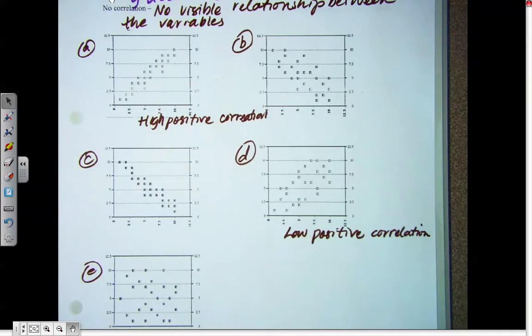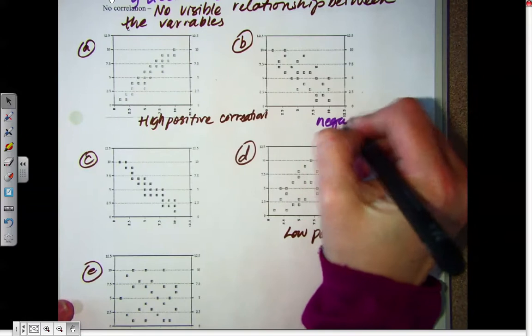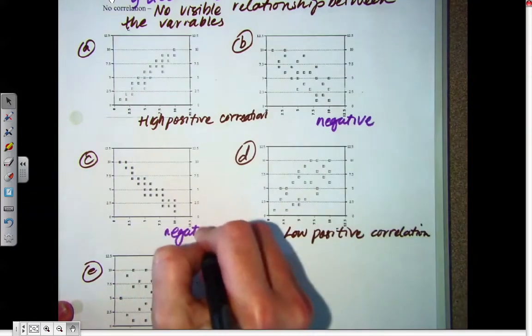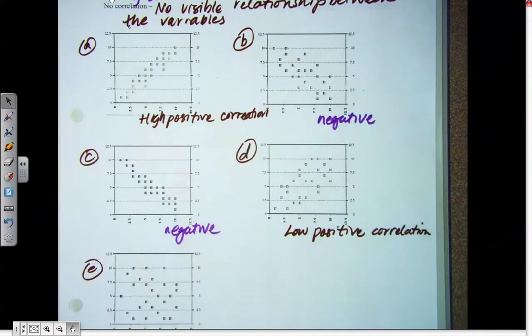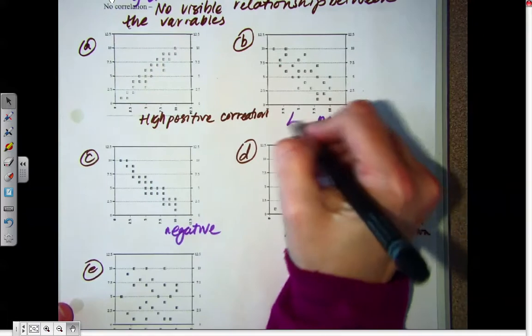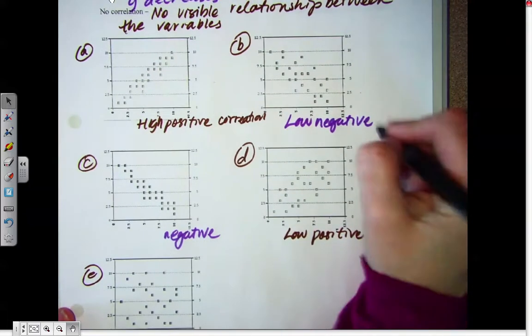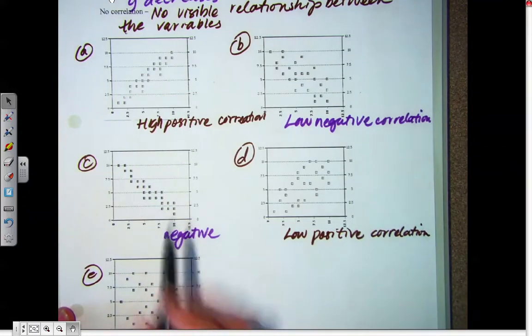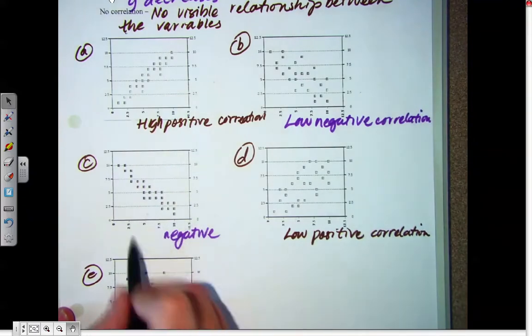Which ones represent a negative correlation? B and C. So C is a high correlation, and B would be low because it's more spread out.